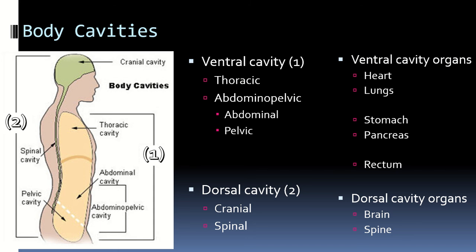The other major cavity of the body is the dorsal cavity. This consists of the cranial cavity and the spinal cavity. In other words, the cranial cavity is the cavity that contains the brain, whereas the spinal cavity is the cavity that contains the spine.